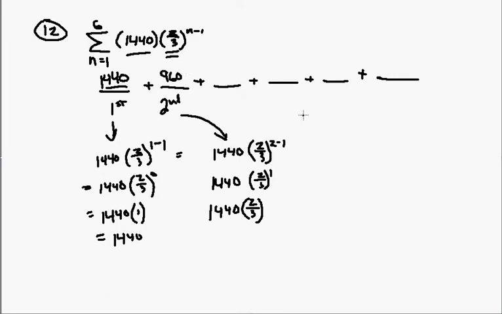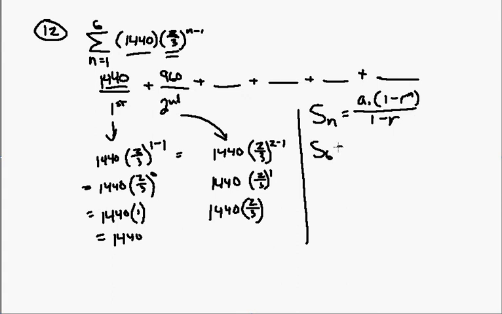So if we're looking for the sixth partial sum, we'll use our partial sum formula, which is S sub n is equal to a sub 1 times 1 minus r to the nth power over 1 minus r. We're looking for the sixth partial sum, so we'll go S sub 6.